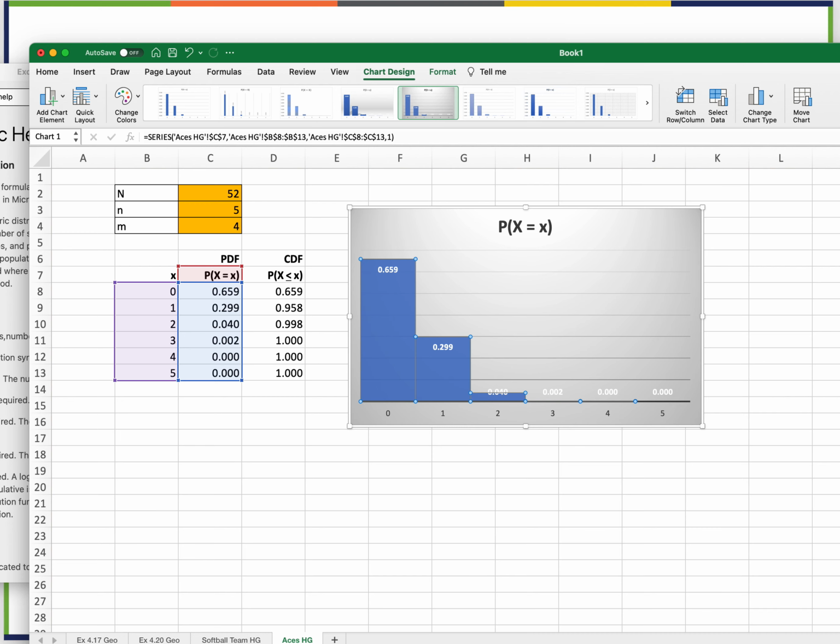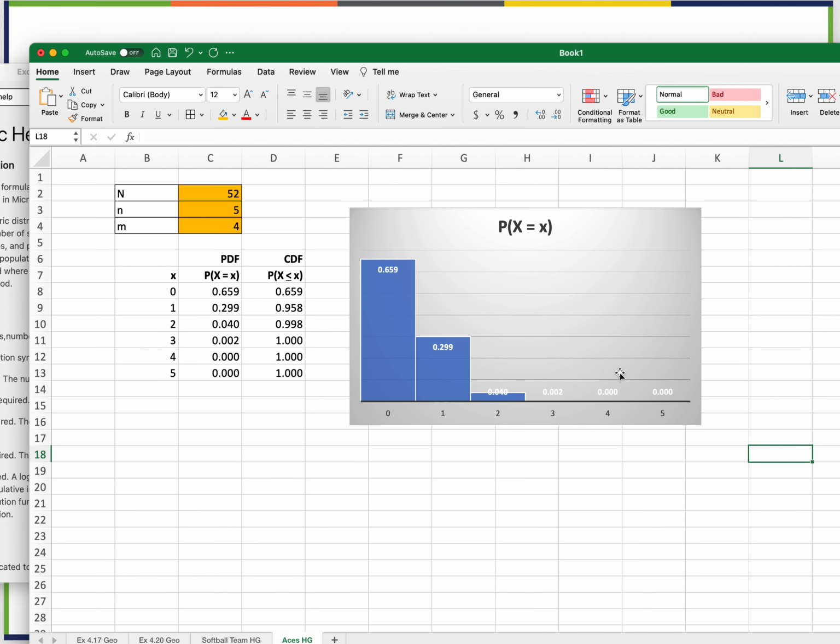And if I go to border, I'm going to reduce the transparency. I'm going to make it white. I'm going to make it a little bigger and say OK. So there we go. So mostly it's going to be 0 aces.